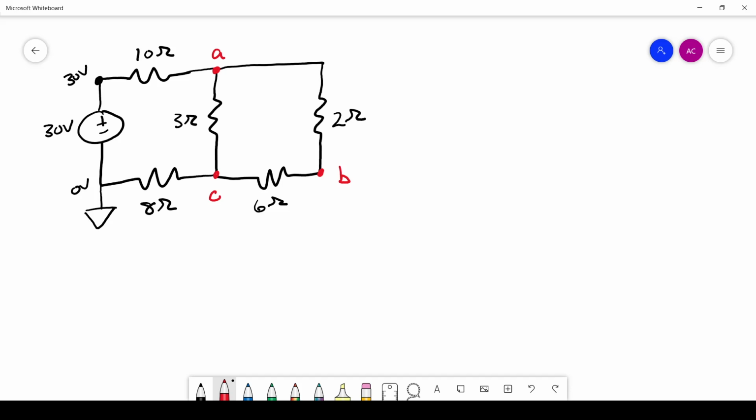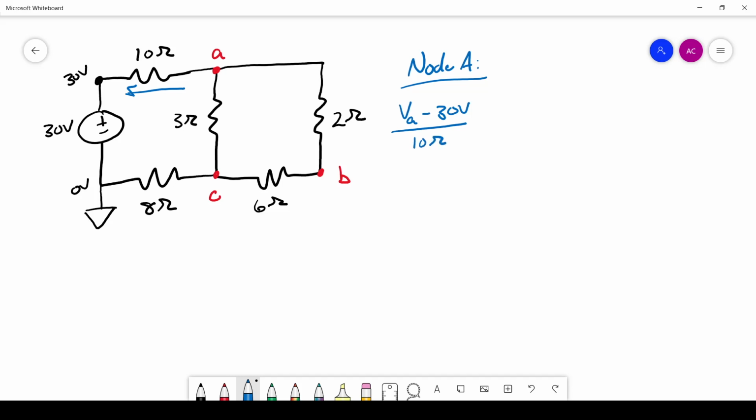Now let's start writing our equations. I'm going to use the blue color for node A. So for node A, let's look at this current first. This current is going to be VA minus 30 volts over 10 ohms.